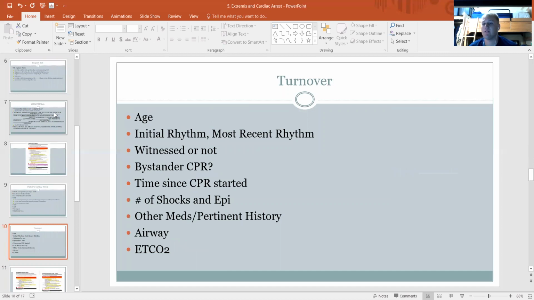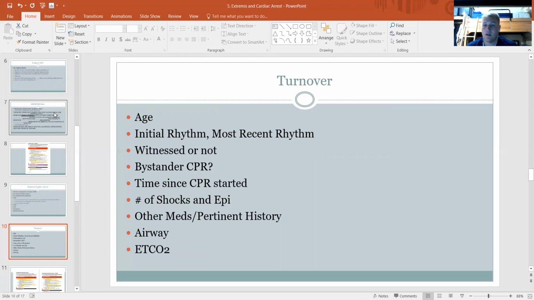And then for turnover of a cardiac arrest patient at the hospital, you're going to follow this format. So basically, age of the patient. If you have a paramedic or ALS provider there, they can provide the initial and most recent heart rhythms. Whether or not the arrest was witnessed by the responding providers, whether or not bystander CPR was started, time since CPR was started, number of shocks given, also number of epinephrines given, which would be the paramedic again as well.